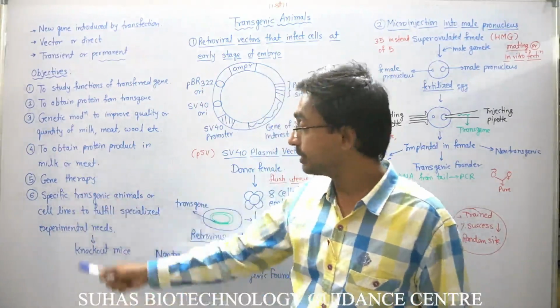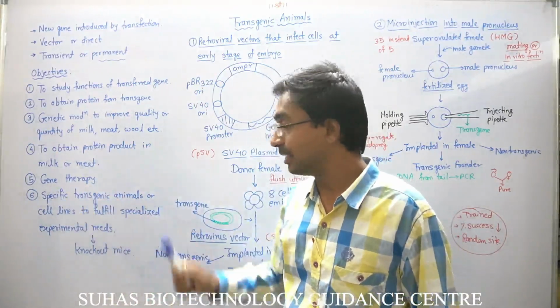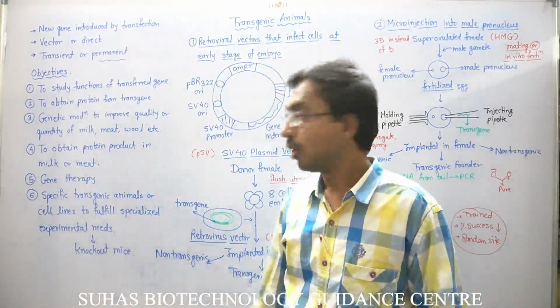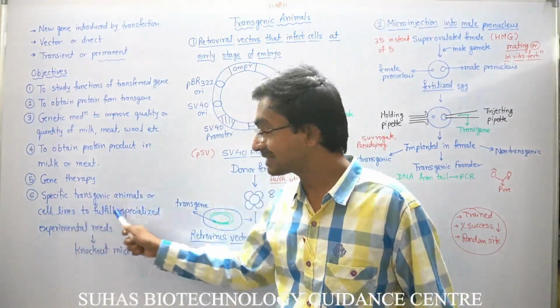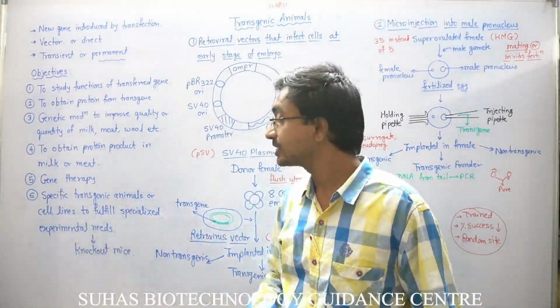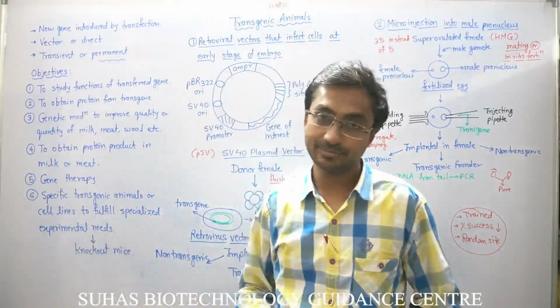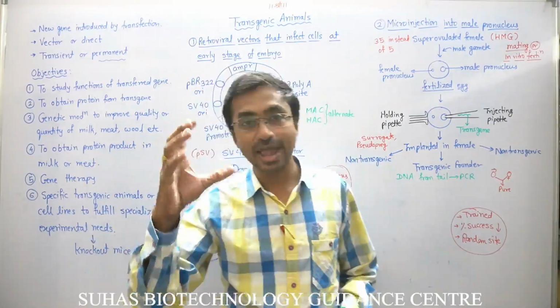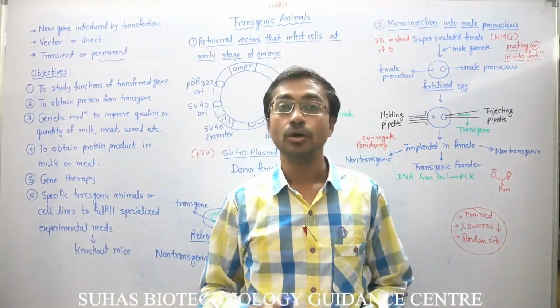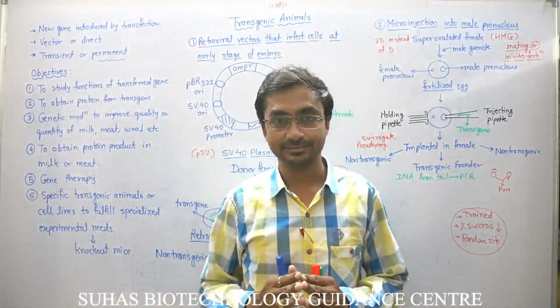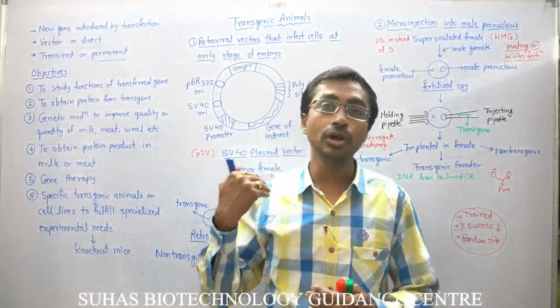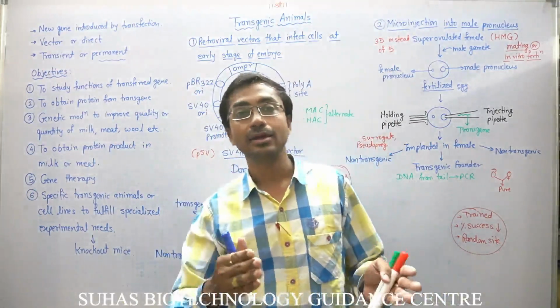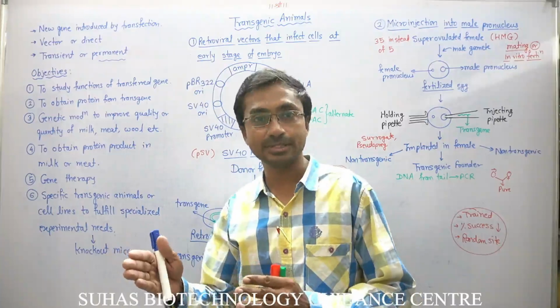The next objective is that specific transgenic animals or specific cell lines can be synthesized to fulfill specialized experimental needs. Suppose we want a particular type of animal which is overproducing triglycerides, because I want to learn about obesity or defects in fat metabolism.